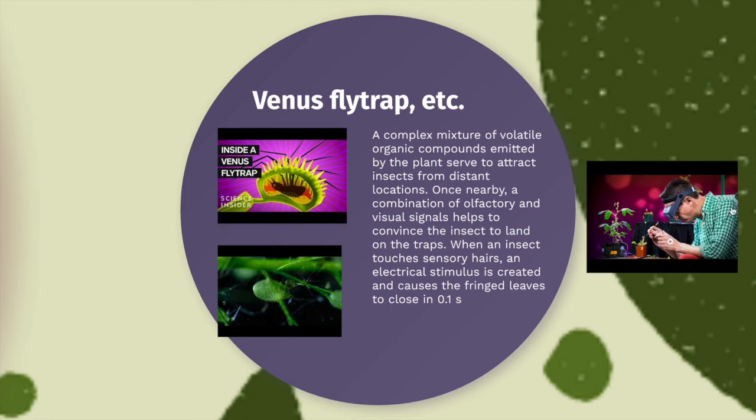And the last video is proving that plants actually do some, quote unquote, communication. They can also send signals. When you try to understand the idea behind the Venus flytrap, what sensor are they using?